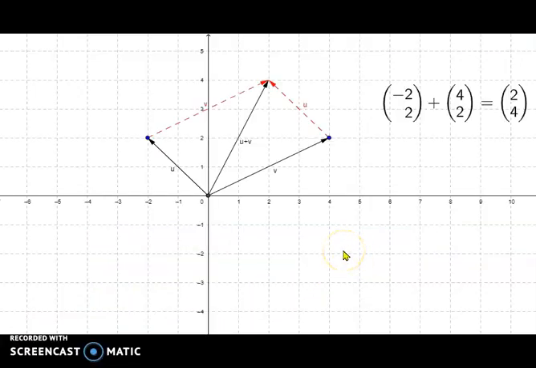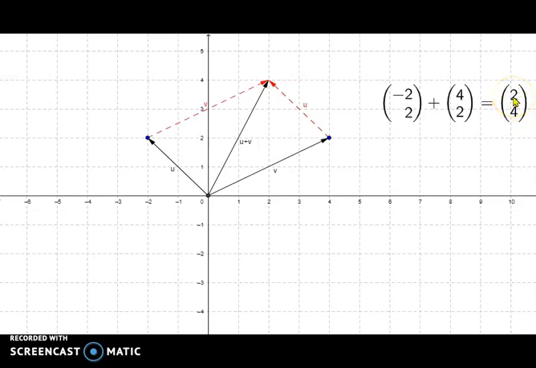Now let us consider this figure. This is our vector u, and this is our vector v. Vector u has the components negative 2, 2, and the vector v has the components 4, 2. If you add the two vectors, negative 2 plus 4 is 2, and 2 plus 2 is 4.